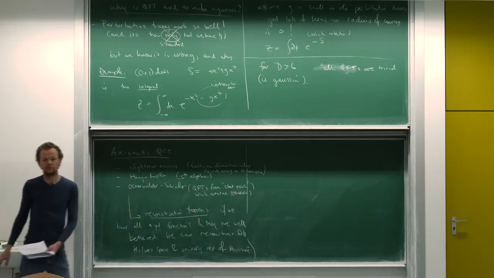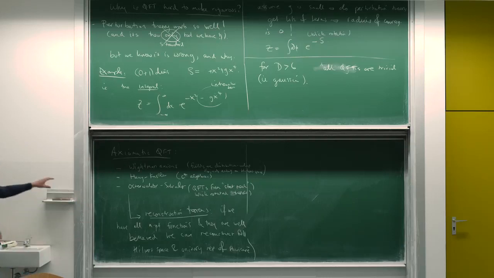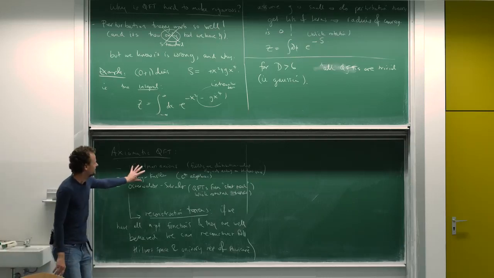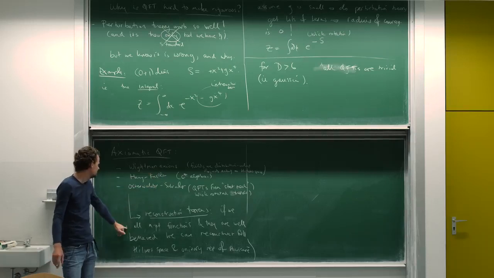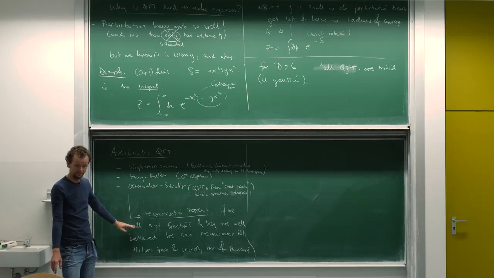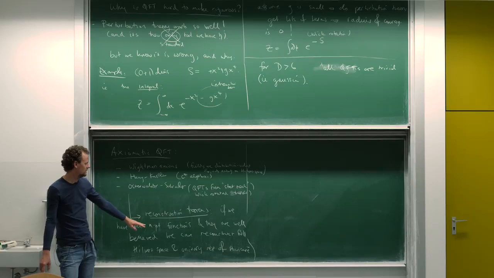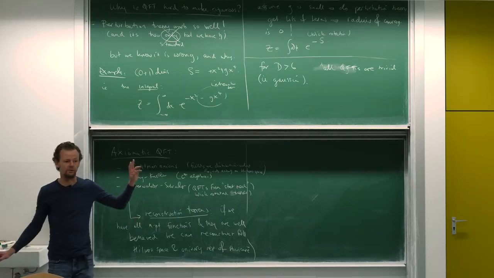That's the focus of the axiomatic approach. There are a bunch of axioms on the n-point correlation functions of your theory in 3 different settings. And if your n-point correlation functions obey a certain number of conditions, then you can reconstruct a full Hilbert space for your theory, and you also get how the Poincare group acts as a unitary representation.